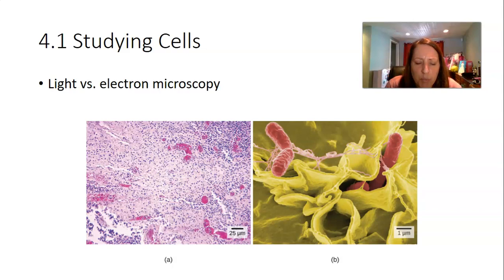All those little purple dots that you see there, those are all bacterial cells that are infiltrating a tissue. Now, look at B. All those little tiny purple dots that you saw in A, this is what they really look like. This is the ultrastructure.